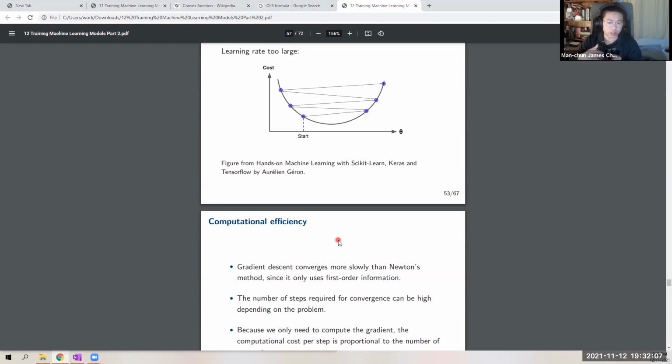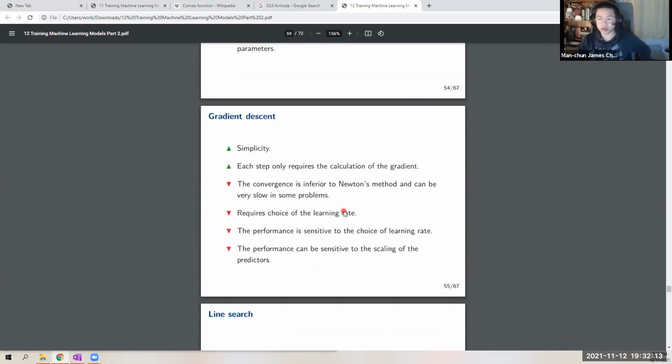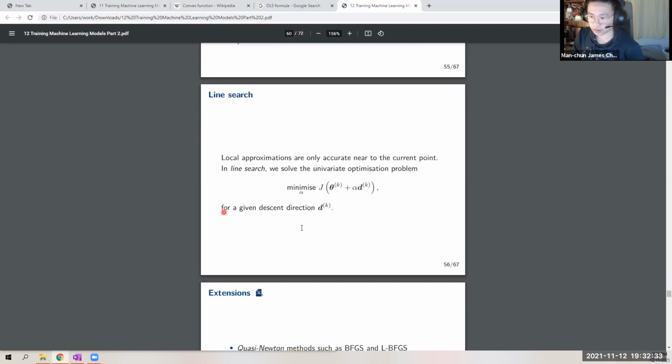If you set the learning rate too high, you don't even converge, as we see in the tutorials. So you need to make the learning rate small. And it can be sensitive to the scaling of predictors. I actually showed this in the Q&A session.